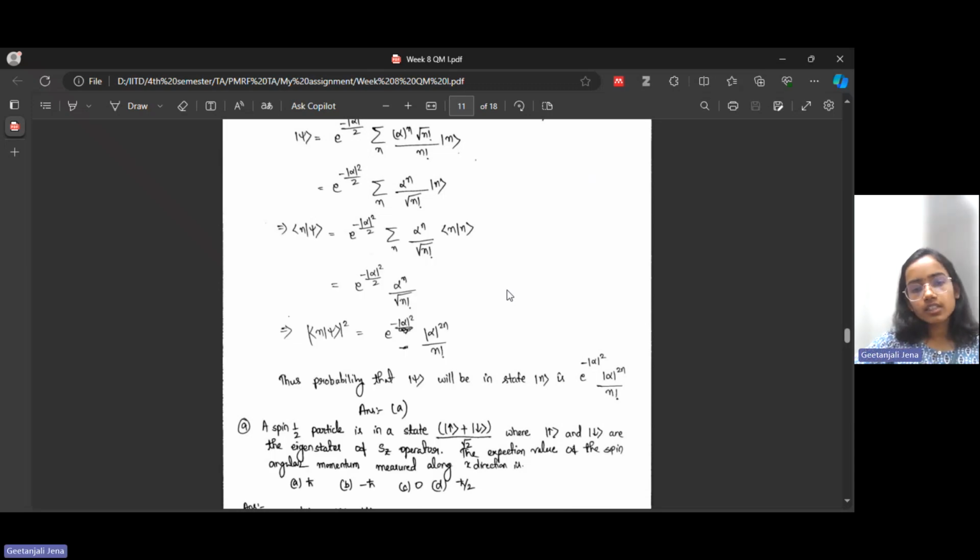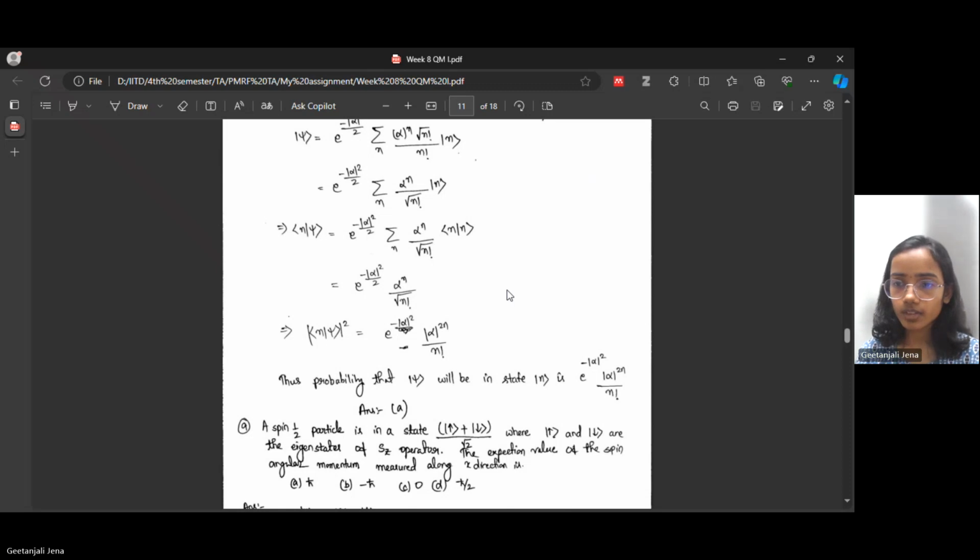It is telling a spin half particle is in a state 1 by root 2 ket up arrow plus ket down arrow, where ket up and ket down are the eigenstates of the Sz operator. Now it is asking the expectation value of spin angular momentum measured along the x direction.